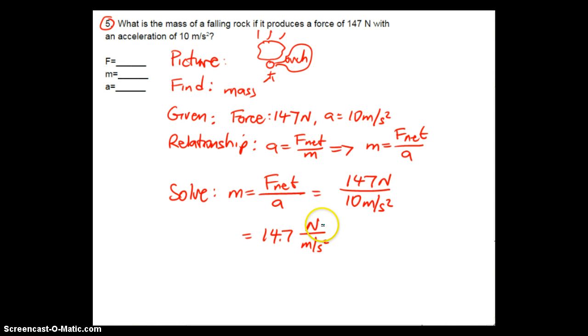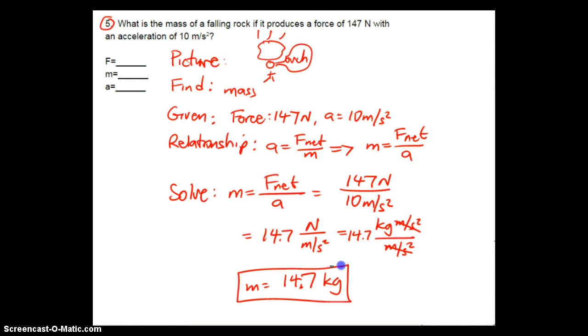Let's put in the other units we have for Newton from the previous problem. Remember, a Newton is the same as a kilogram meter per second squared. We'll divide that by meters per second squared. Now for 14.7, we see that our meters per second squared cancel, so we have something that looks reasonable. 14.7 kilograms. So the mass of our rock is 14.7 kilograms.